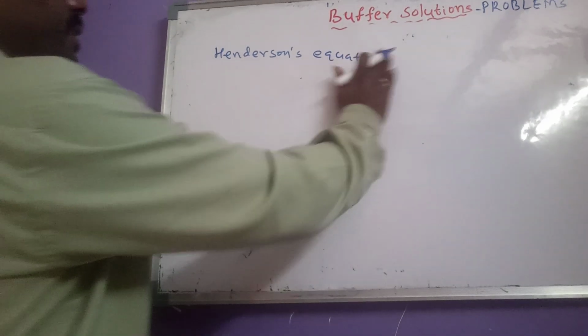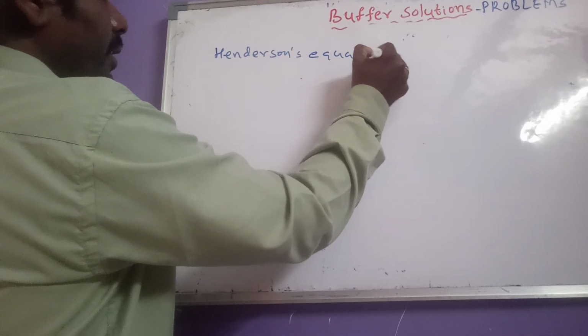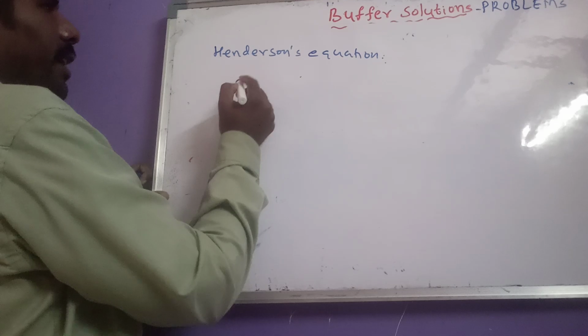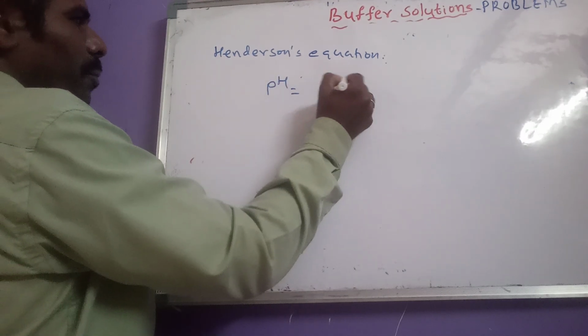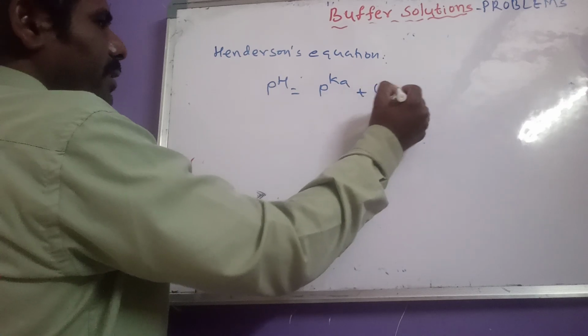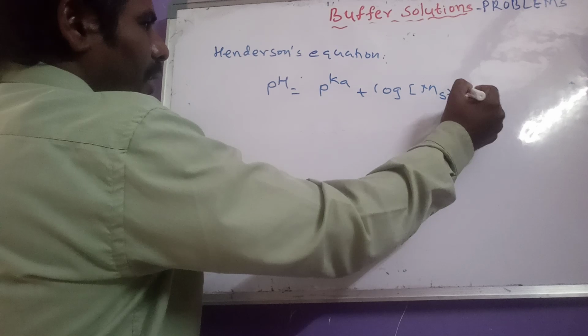For an acidic buffer, what is the Henderson equation? pH equals pKa plus log of salt number of moles by acid number of moles.